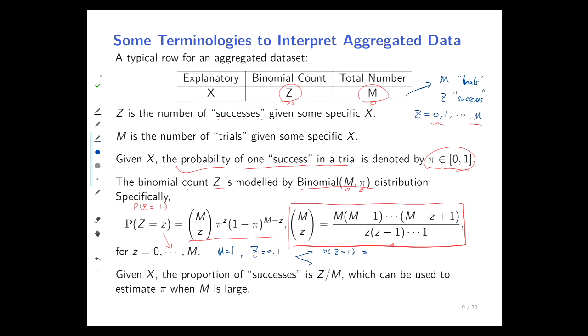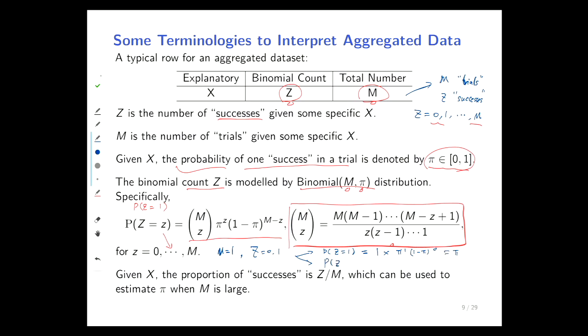Firstly, you need to compute this combination number, parenthesis 1, 1, and you will obtain 1. So you just plug in m equals 1 and z equals 1 into this formula. It equals 1 times pi to the power 1, times 1 minus pi to the power 0. So that equals pi.